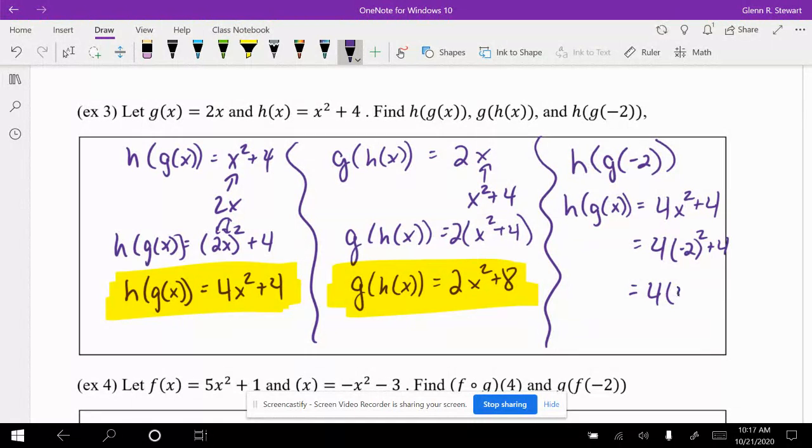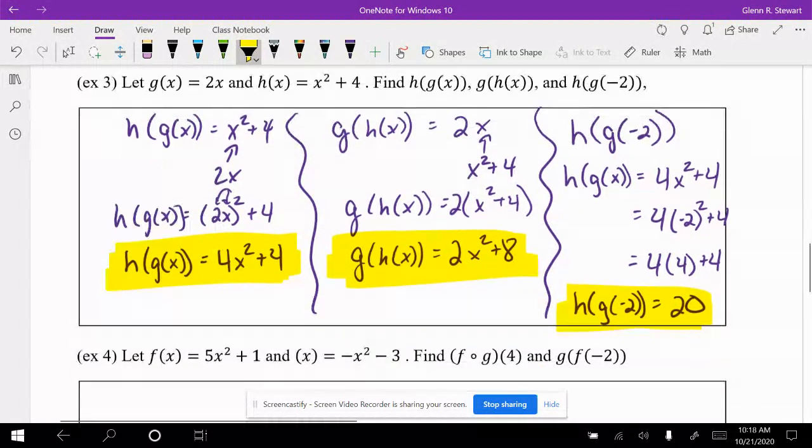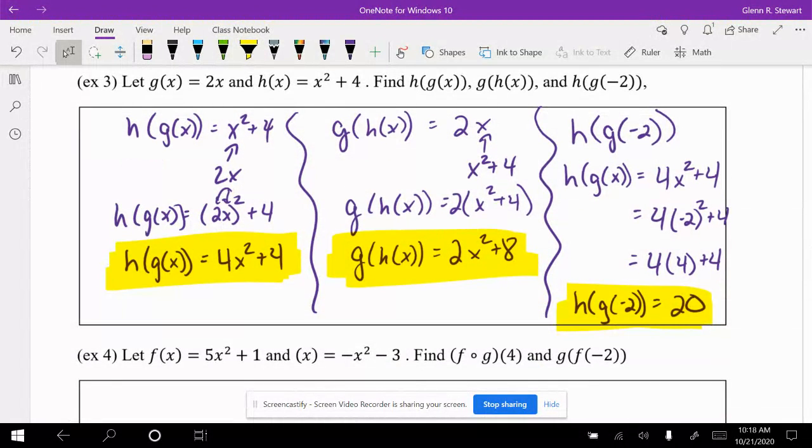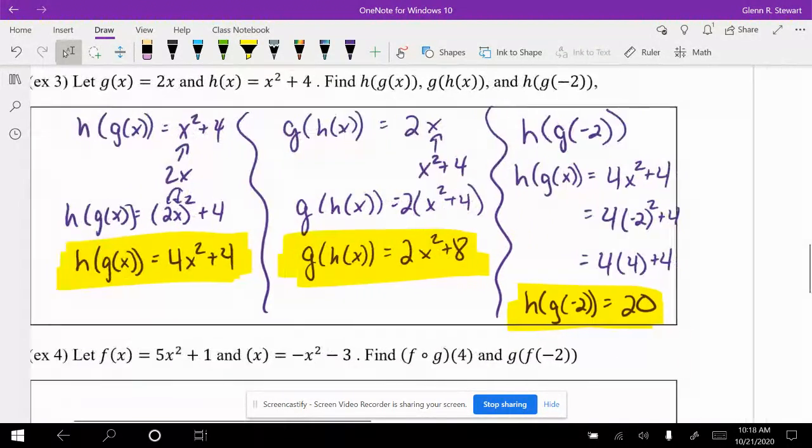So 4 times 4 plus 4, which is h of g of negative 2 is going to equal 20. You can do that a couple different ways. That's probably the easiest since we already have the formula. Another way would be we plug negative 2 into g of x first, find out what that number is, and then plug it into our h of x, which is also another option.